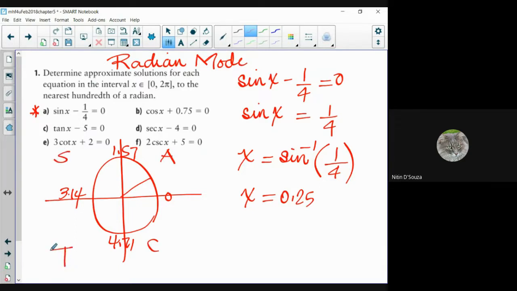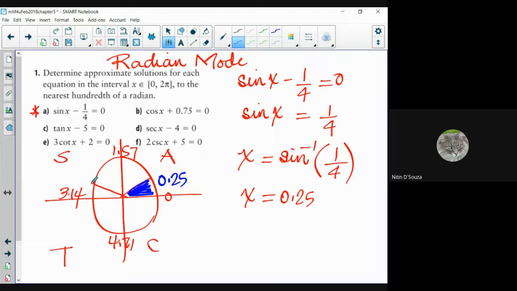So we've got cosine, all, sine, and tan. So we've got another positive sine in this quadrant. Are you with me so far? Who's not with me? So this part here, that angle is 0.25.